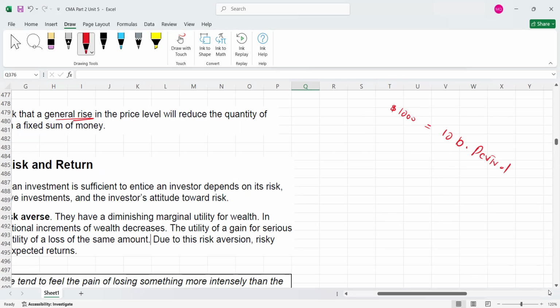Now I'm spending the same $1,000, but I'm able to buy only 8 barrels of petrol. So this is purchasing power: I'm spending the same amount, but I'm receiving less quantity of the product, goods, or services. So this is what is called purchasing power risk, right?